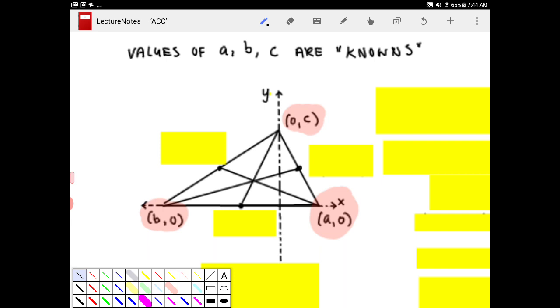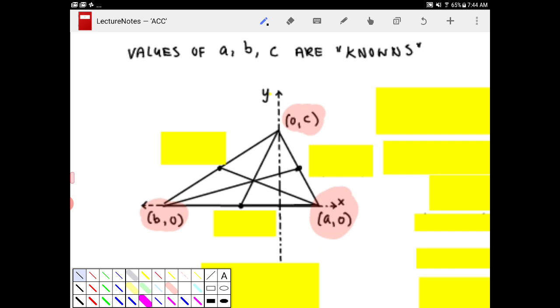If you're having difficulty digesting what I just said, just think about it like this, okay? We are trying to prove something, and so what we're proving has to be applicable for any triangle. So to make this proof applicable to quote unquote any triangle, we have to create this so-called any triangle.